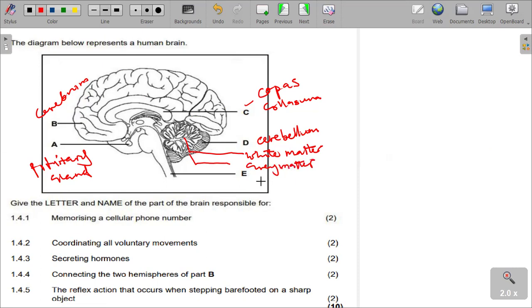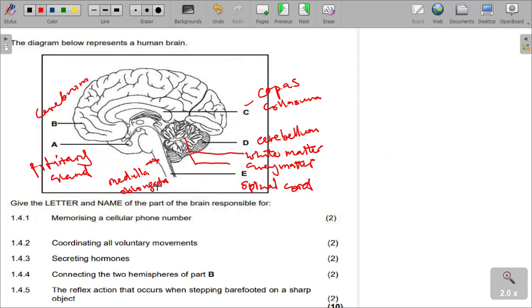And then E. Sometimes students confuse this E. E is the spinal cord, as you can see there. And then we have our medulla oblongata that must be given. So we just labeled them like that.